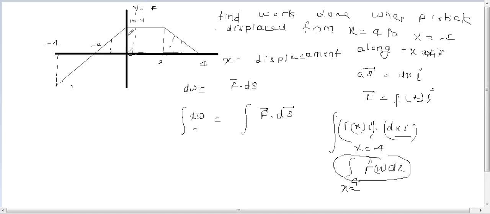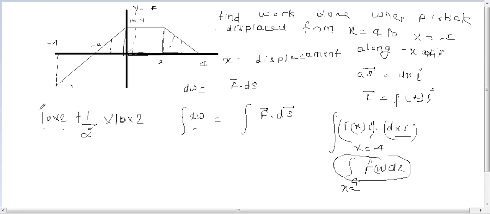So I have to find this area. This area is this amount of area plus this area. What will be this area? 10 into 2 plus 1 by 2 into 10 into 2, because this height is 10. The area of this rectangle will be base into height, that is 10 into 2, since this length is 2. And the area of this triangle will be 1 by 2 into 10 into 2.